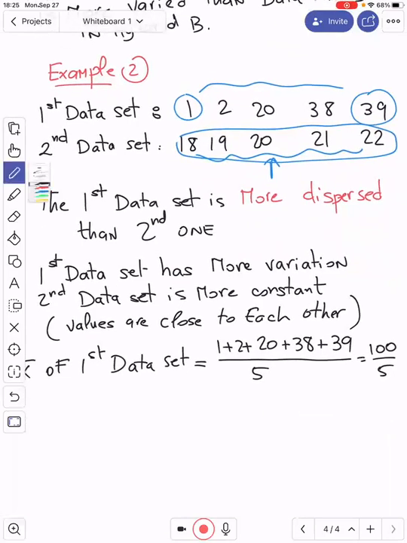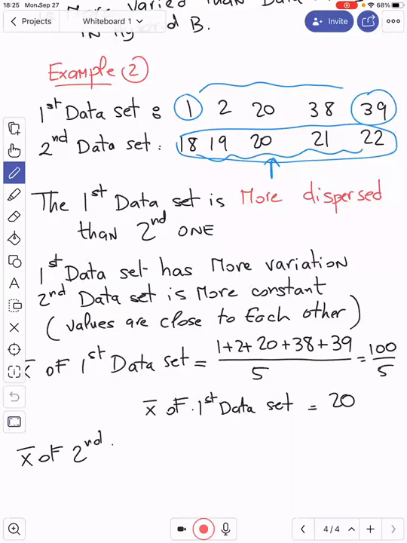That's the average of the first data set. Okay, and x bar of the second data set: it's going to be 18 plus 19 plus 20 plus 21 plus 22 over the size of the sample.